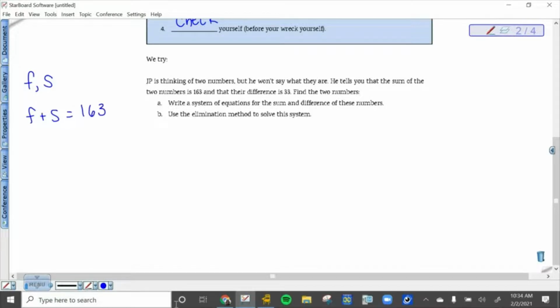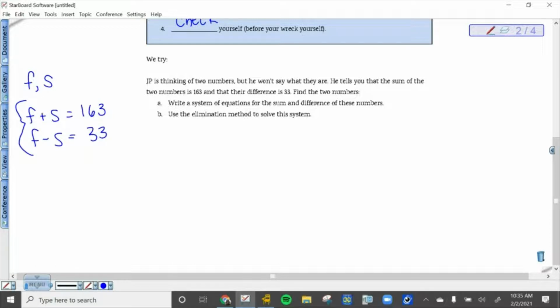And the difference of the numbers is 33. How do you think I would write an equation to say that? The difference of the numbers is 33. What would I do? Yeah, F minus S equals 33.